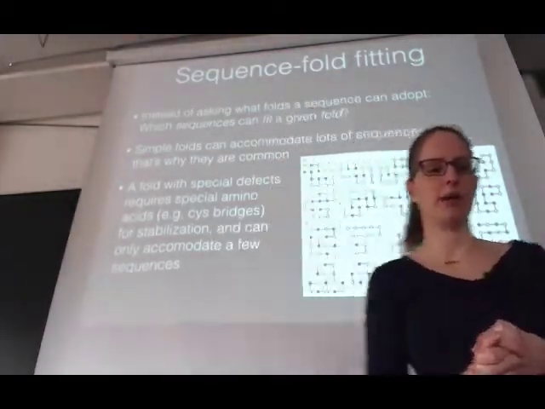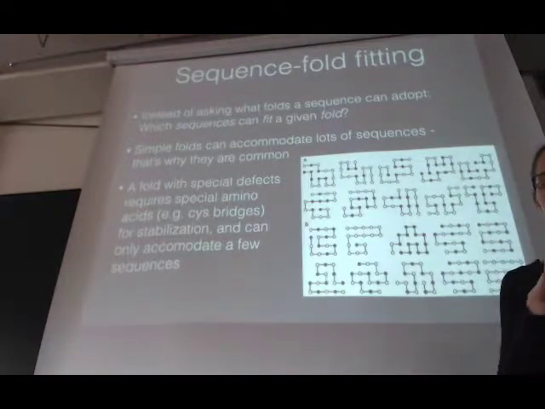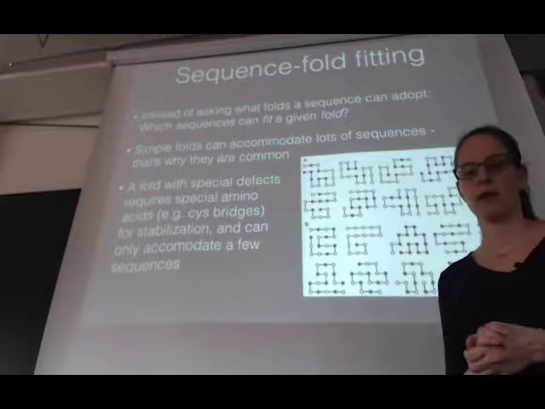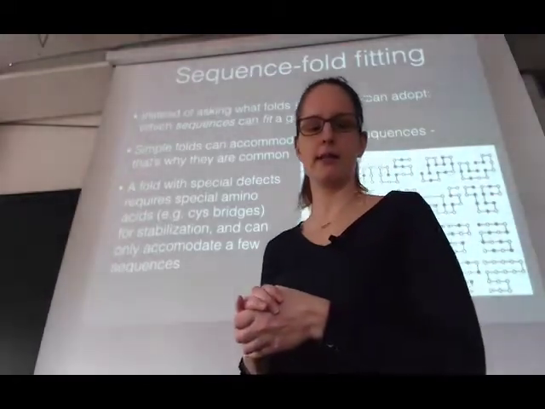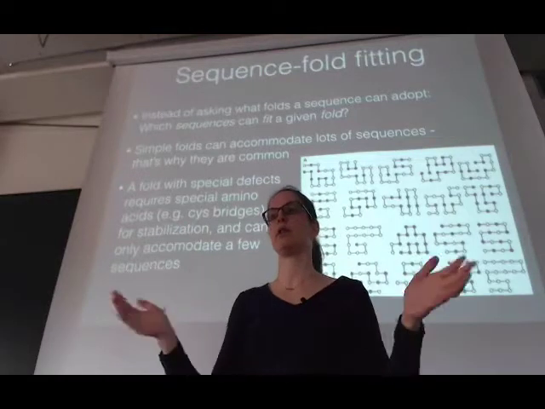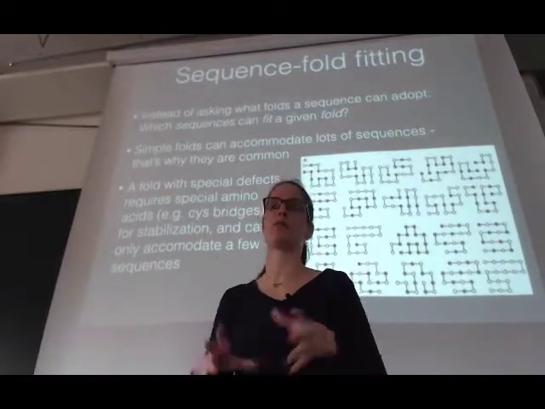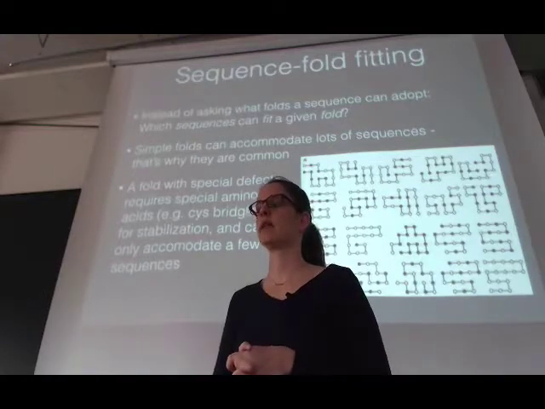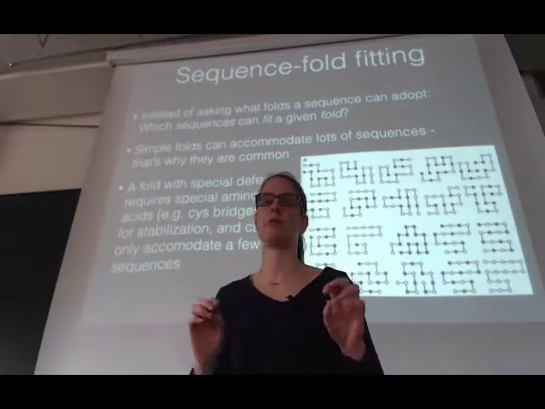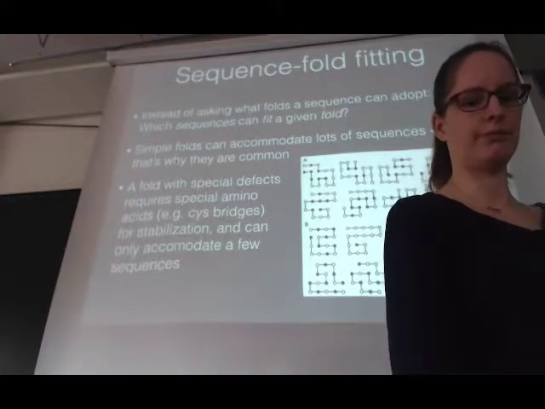So the more defects, the fewer sequences can be accommodated. And this decreases the likelihood that this will happen if you consider a number of random sequences. This is why we see them less. Is that clear? This is really the central point of this first part of the lecture.